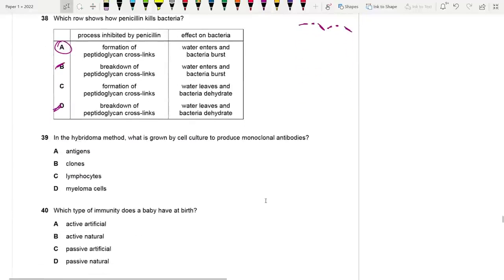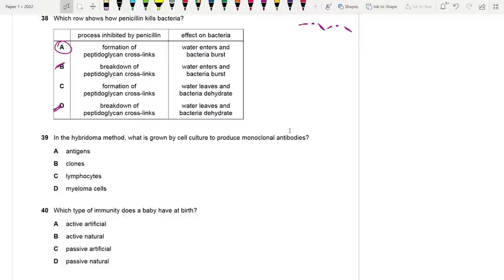In the hybridoma method, what is grown by cell culture to produce monoclonal antibodies? So mainly we combine the cancer cells so that we get immortal cells, right?